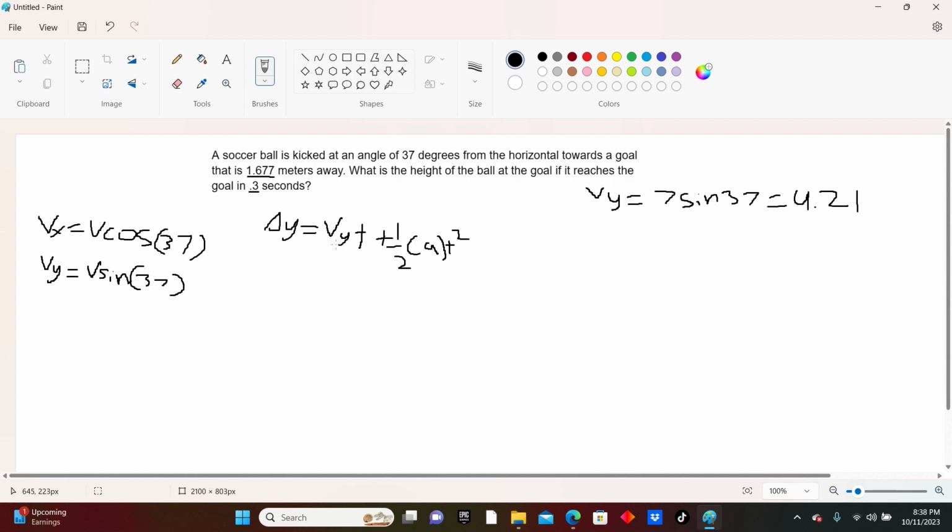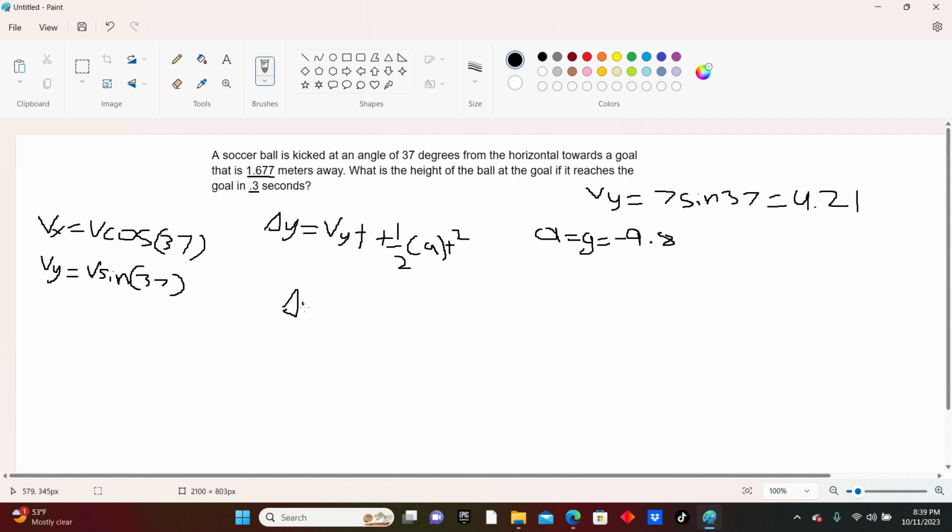We know that our initial vertical velocity is 4.21. We know our time is 0.3. We know our acceleration is g, which is equal to negative 9.8. And yeah, we can plug these values in now. I'll just specify here that a equals g equals negative 9.8.